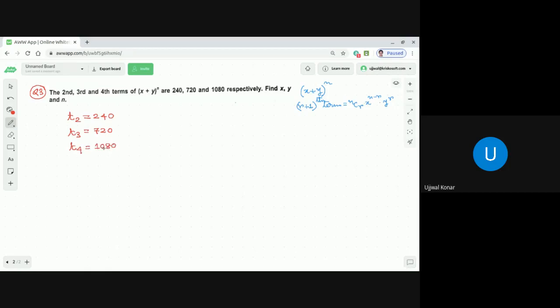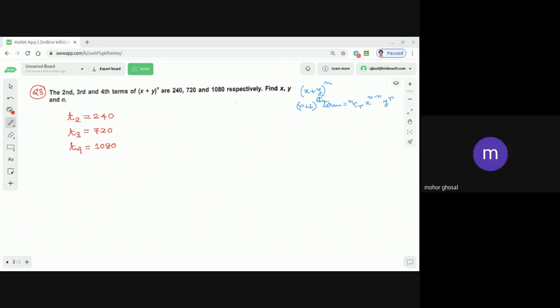Correct, no? Now, what do we need to find? We need to find the value of x, y, and n. There are 3 unknowns that we need to find, x, y, and n. 3 unknowns, and that's why we have been given 3 clues, that is, 3 equations in mathematical form.